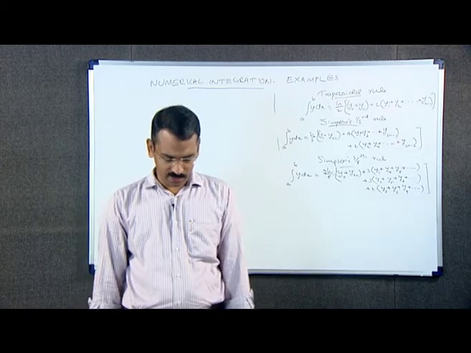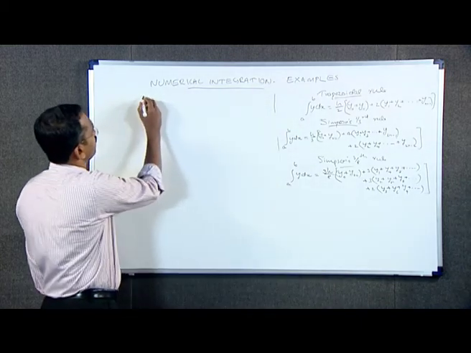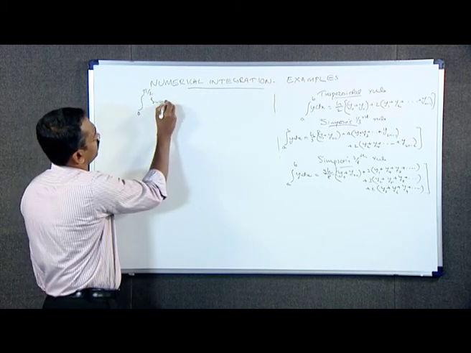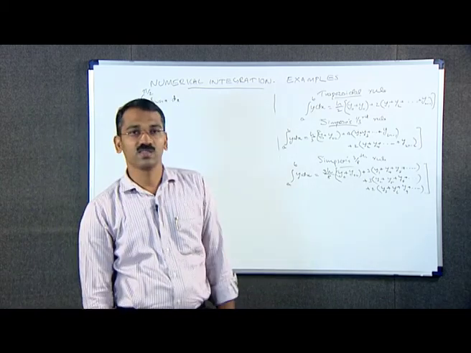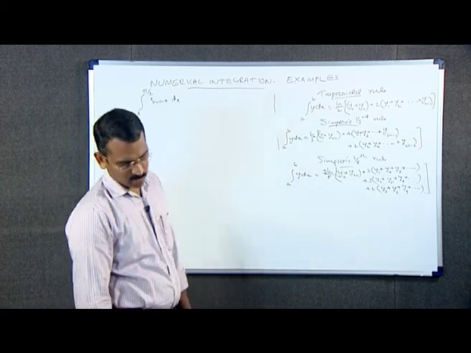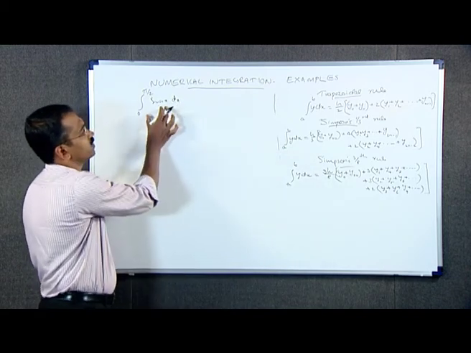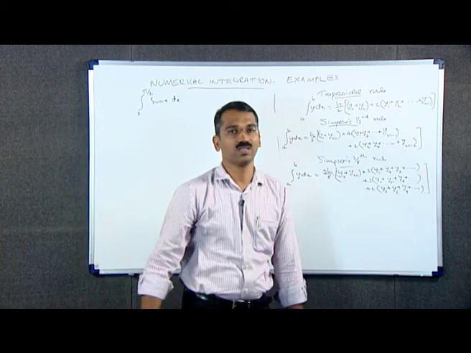The next example is to compute the integral from 0 to pi by 2 of sin x dx using Simpson's 3/8 rule of numerical integration. We have to evaluate this definite integral by using Simpson's 3/8 rule.